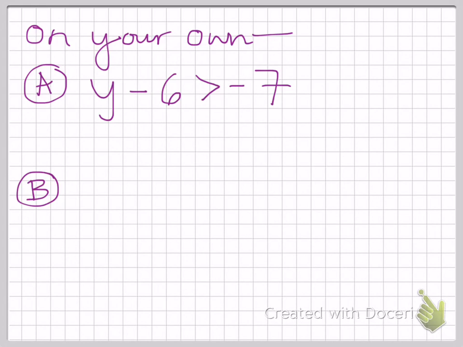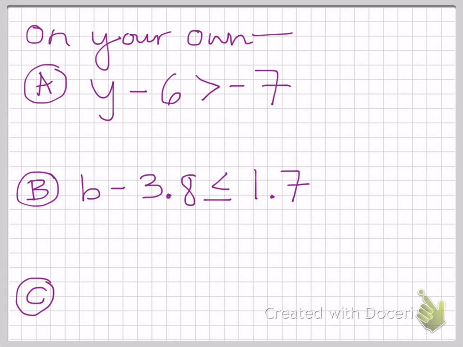B, negative 3.8 is less than or equal to 1.7. Okay, and then C, negative 1/2 is greater than Z minus 1/4. Please read these out loud so you know which operation is going on. Pause it, solve it, and check back for the answer.